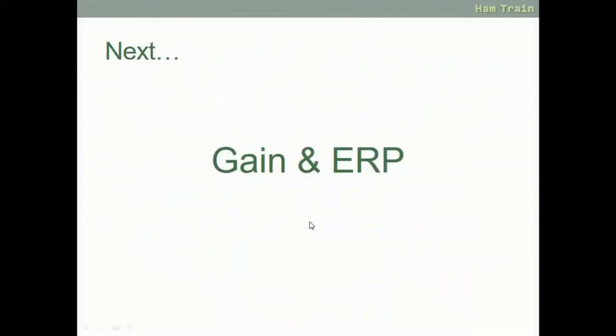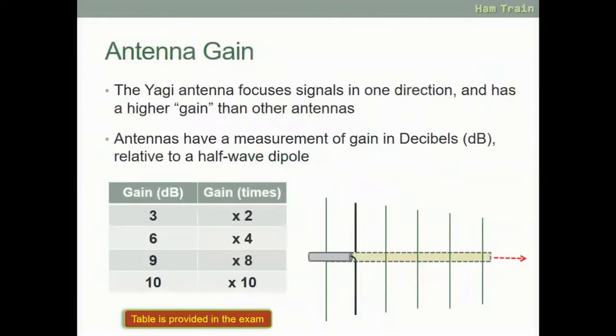Okay, we're going to go on to antenna gain and ERP. So the Yagi antenna, for instance, focuses signal in one direction, and it has a higher gain than other antennas. Gain is the amount of power actually getting out of the antenna. And antennas have a measurement of gain in decibels relative to the half-wave dipole.